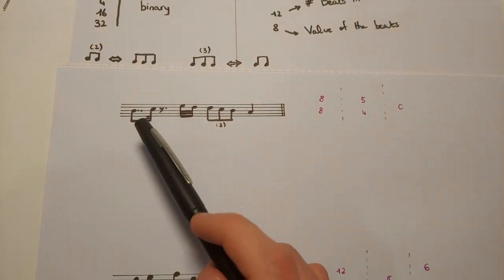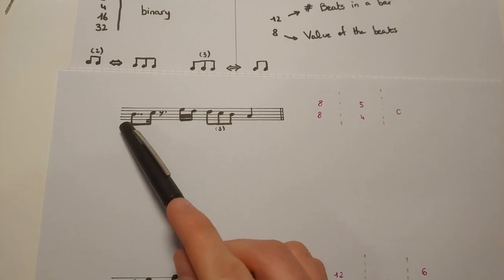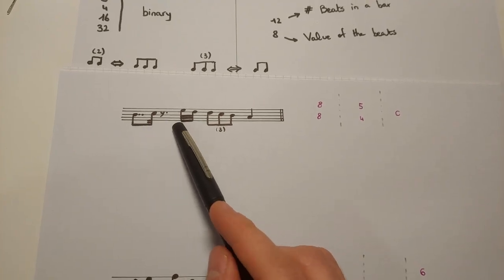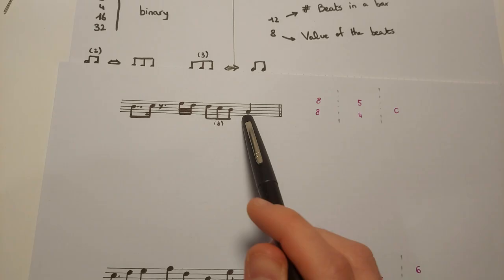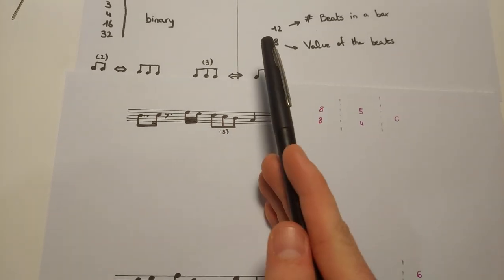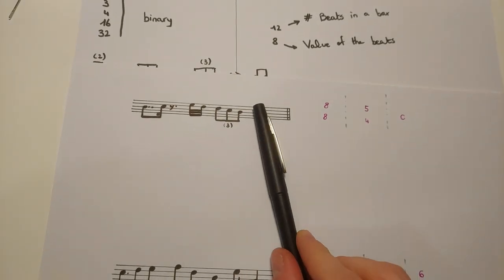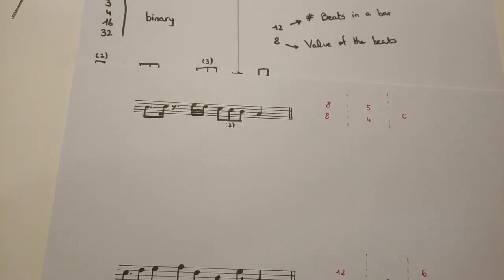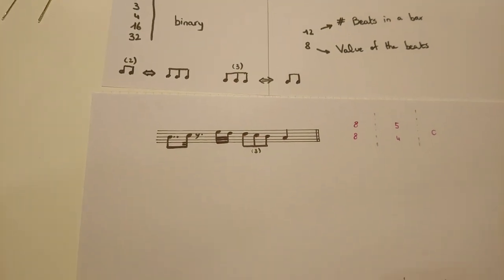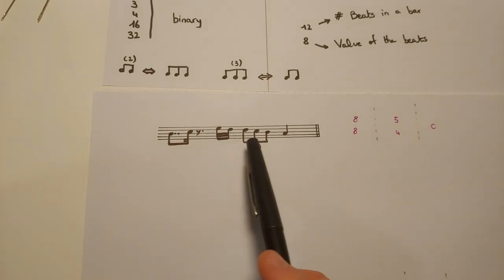So here we have notes that are associated by 2, here by 3, and here by 1. So we don't care about the notes that are alone to know if it's compound or binary. We just care about this, this, and this.